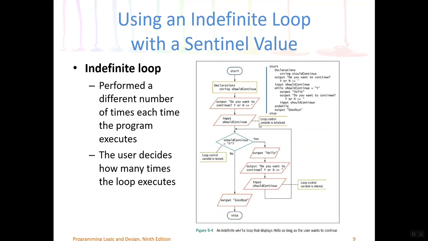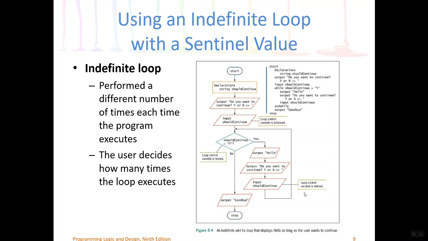So we still have that step to initialize the loop control variable, as well as the test here. While should continue is equal to y, we go in and output hello. And again, remember the third requirement of every loop is that the loop control variable is altered. So since should continue is the loop control variable, the last few steps we see in the loop body is to get the next value for should continue from the user.